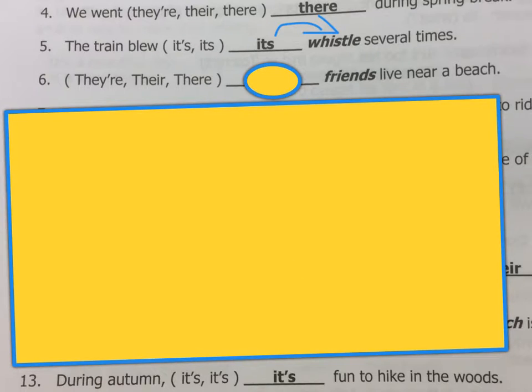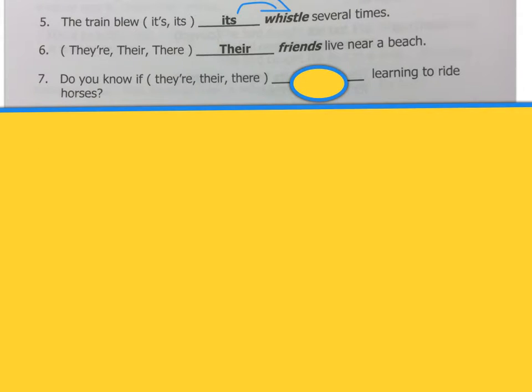Number 6. Their friends live near a beach. They are friends live near a beach. Their what? Their friends live near a beach. Possessive pronoun. Their. So let's draw our arrow. Their what? Their friends. Number 7.